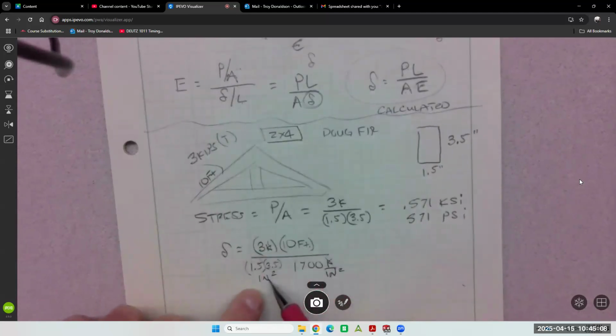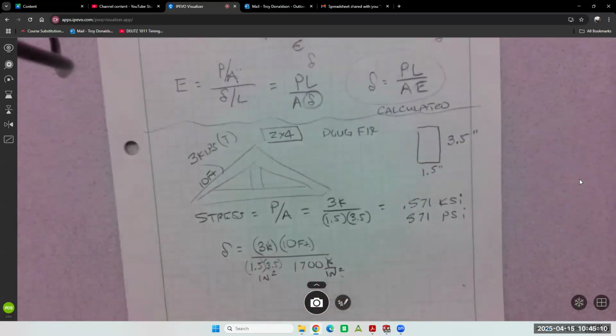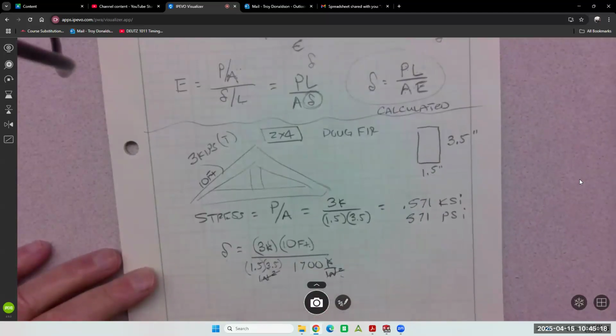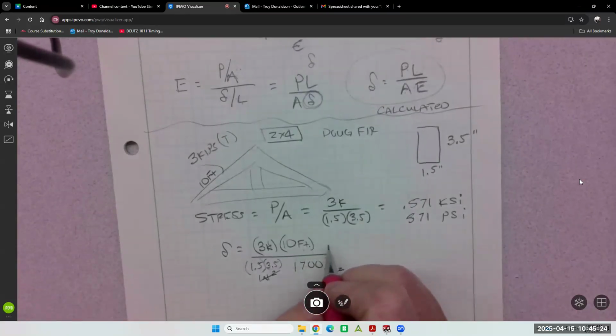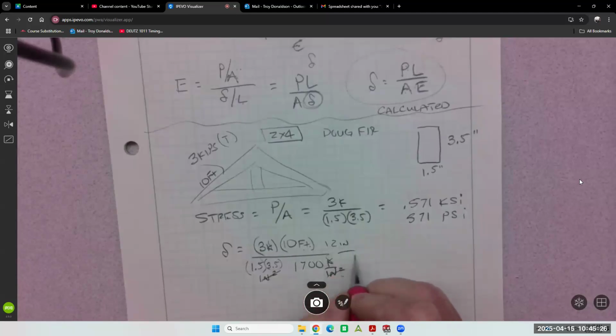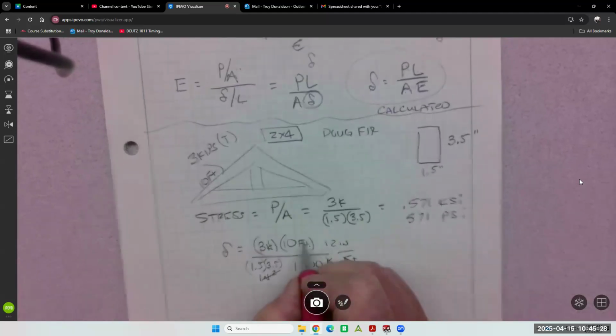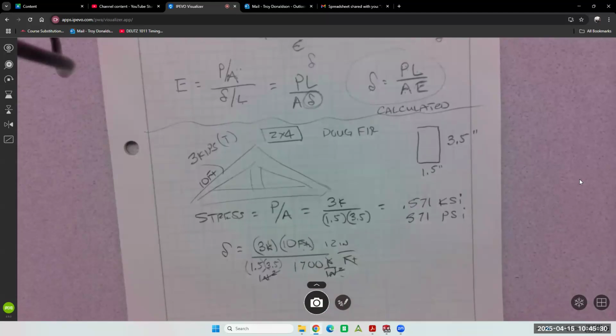But now we have feet and inches, like we have a mess. So we've got to get rid of those. These down below cross out. And we've got to get rid of this foot into inches. So we know that there's 12 inches per foot, and now we have inches.